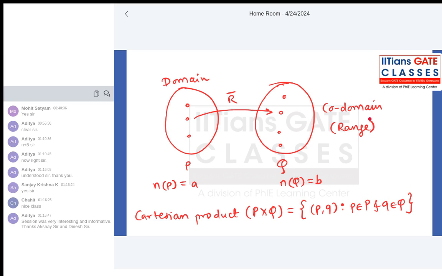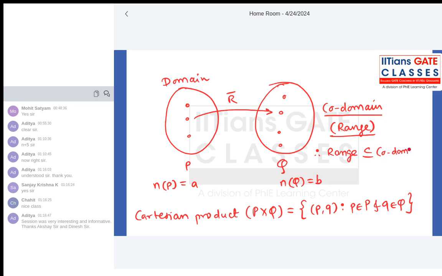Before going forward, the difference between codomain and range: codomain represents all the possible outcomes that a relation or function can have, whereas range is the actual set of outputs that the function has for a given set of input parameters. Therefore, range is always a subset of codomain.